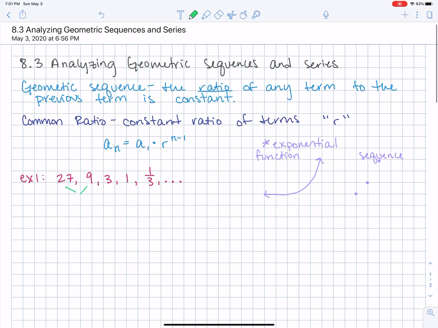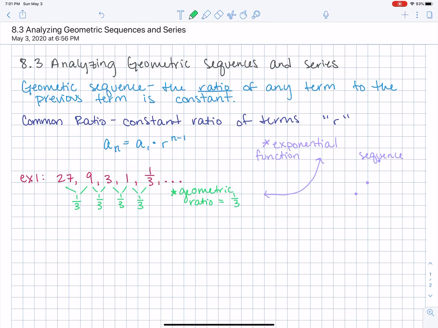So 9 divided by 27, you get 1/3. 3 divided by 9, you get 1/3. 1 over 3, 1/3. 1/3 over 1, 1/3. Because the number was always 1/3, it was constant, this is a geometric sequence. And we can say here that our common ratio is equal to 1/3.